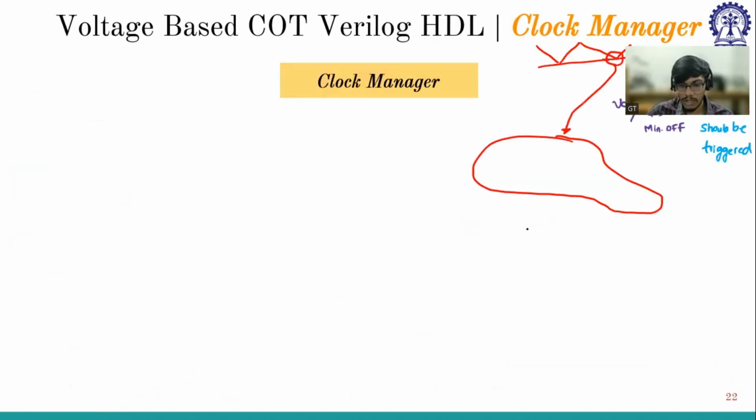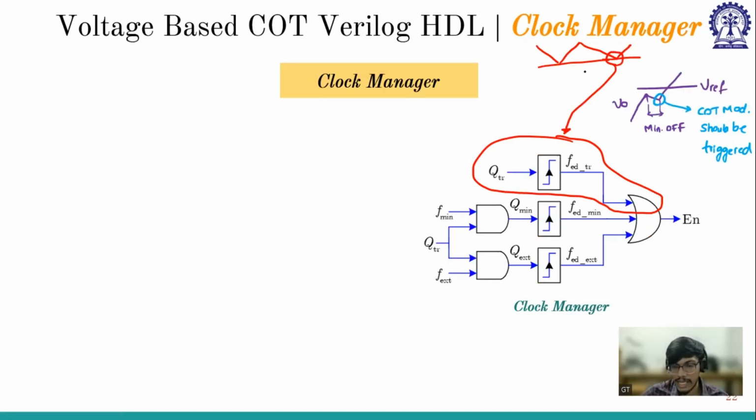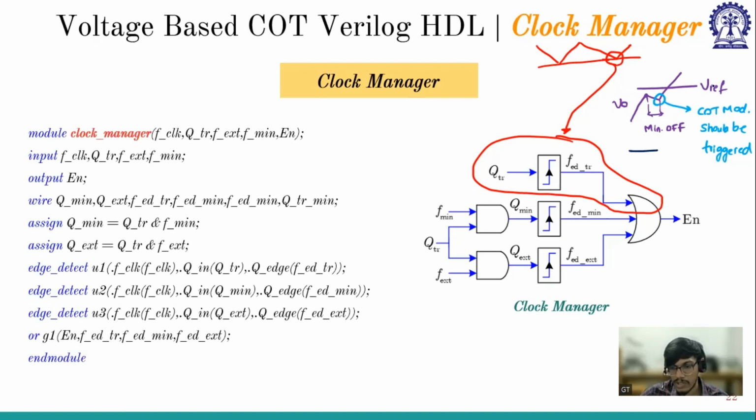Now SAR is checking whether QTR is 1 or not. Say in this case, QTR is 1, right? Because V reference is positive. So QTR is 1. So after minimum off time, SAR gets a trigger. Now SAR is adding this F minimum and QTR, and then using this positive edge to force trigger the enable.